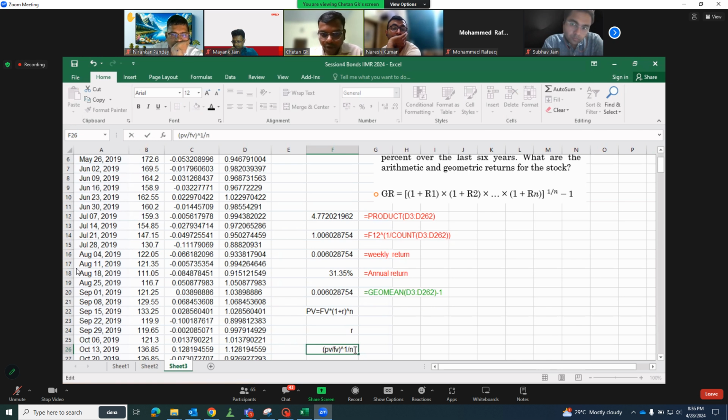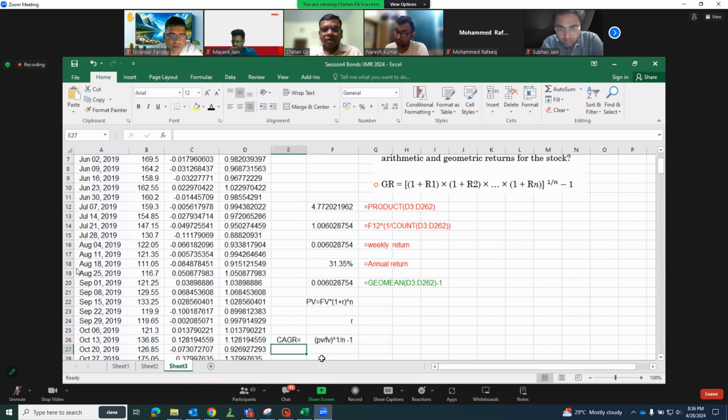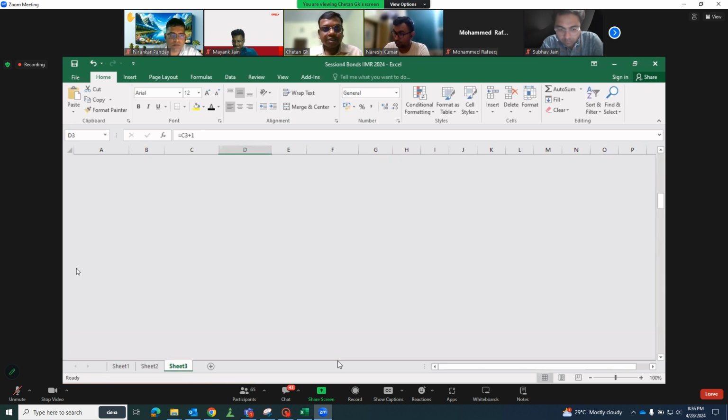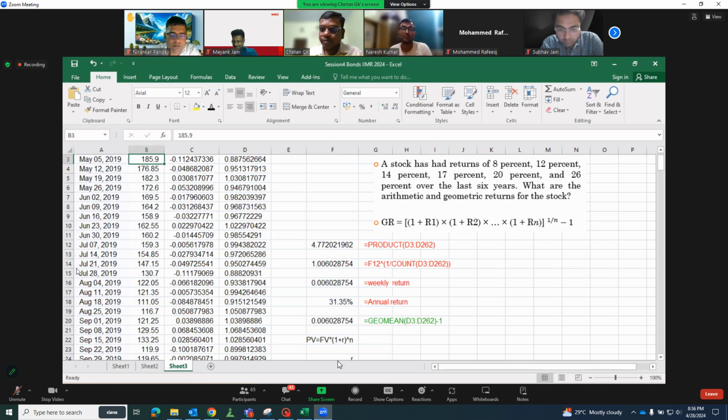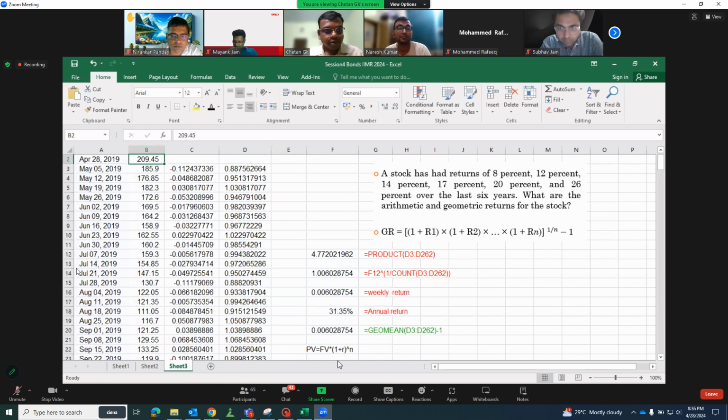Then 1 divided by N, minus 1. It is not N minus 1, it is minus 1 separately. You can use this; it is one more method of computing CAGR. But I would rather prefer the earlier one.